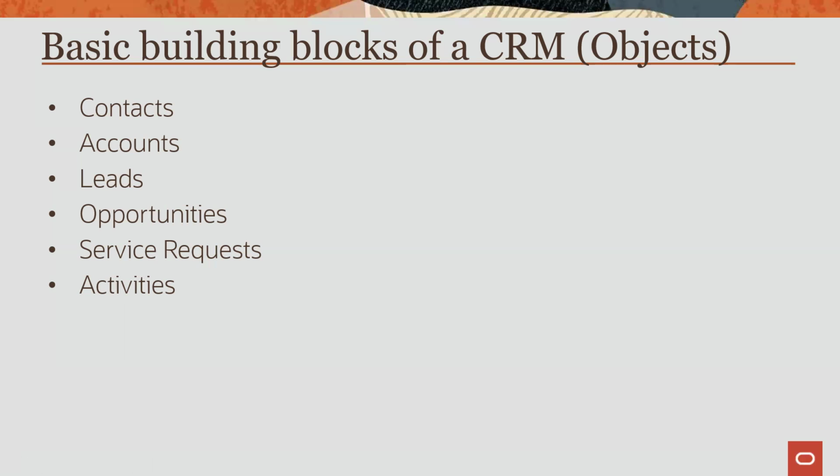Then activities, to note the activities like meetings, tasks, what needs to be performed. To capture all that, we can use activities. So basically, a simple CRM will have this. If any additional business processes are needed, additional entities will be created, but the basic building objects are these.